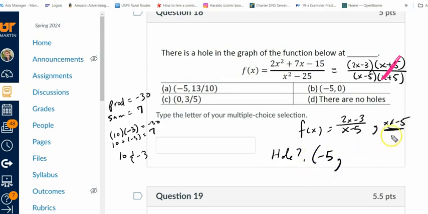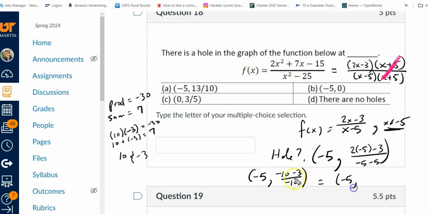Now what is the y-coordinate of the hole? You plug negative 5 into your canceled function. That's going to be negative 10 minus 3 all over negative 10.